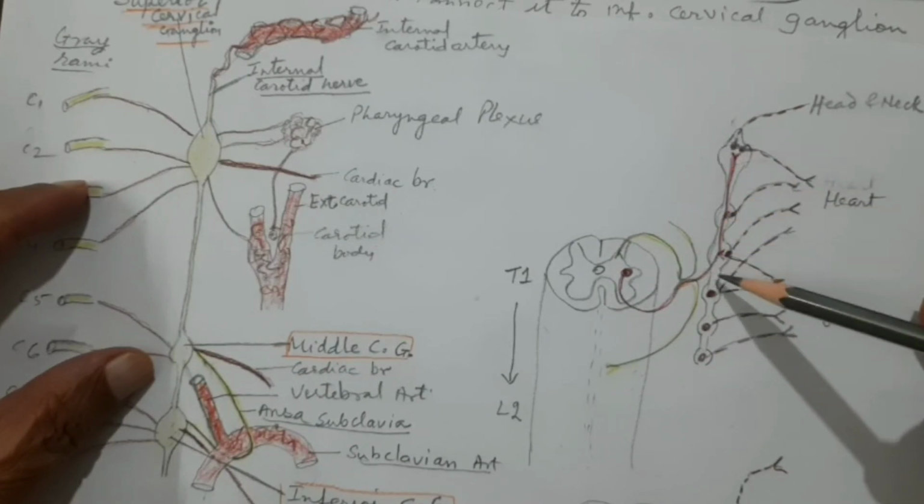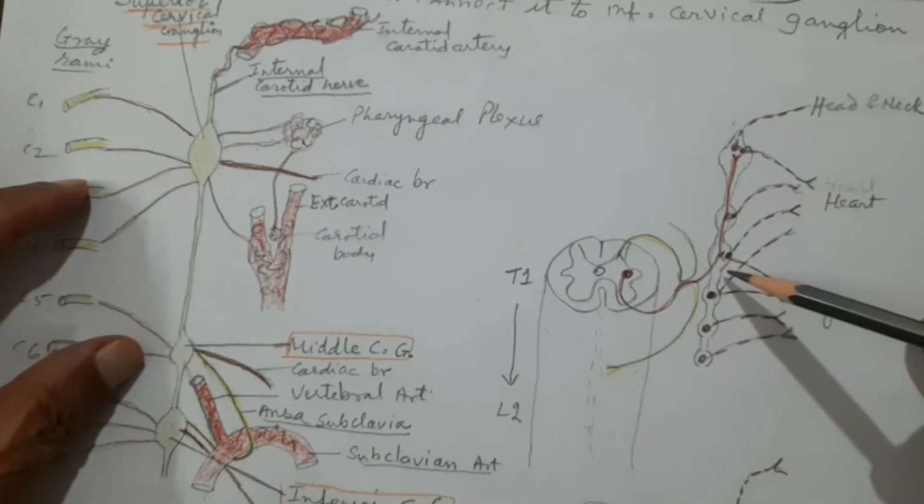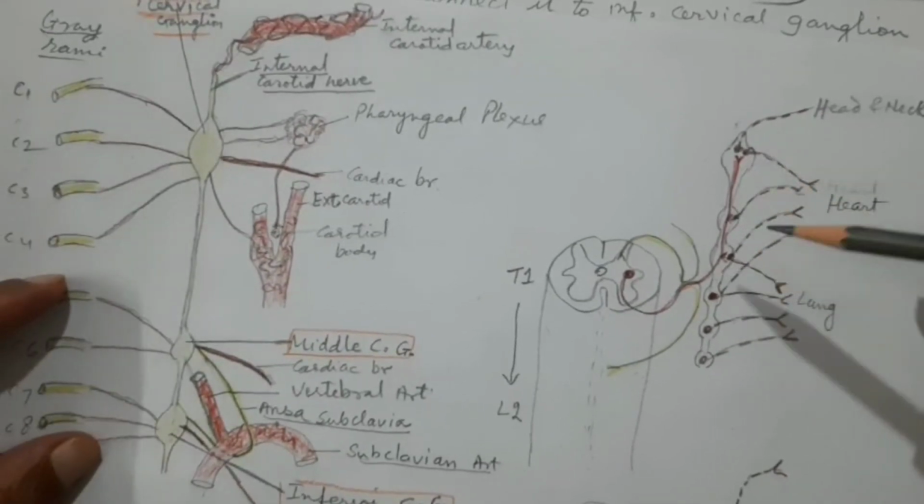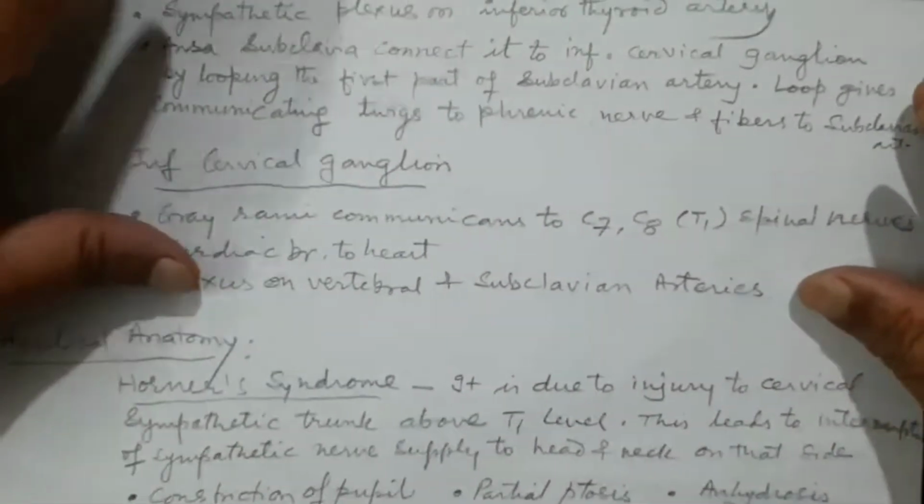We have seen a lot of branches which are going out; those will not be there if it is cut here at the level of T1. So no branches will be going into these three ganglia, and this will form the Horner syndrome.